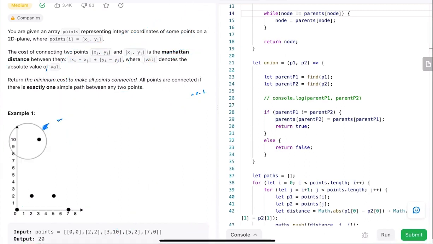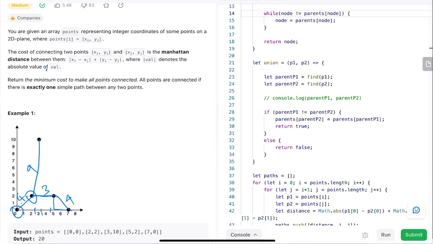Finally, for this particular case, the graph is going to look like this. The distance between these two is 4, the distance between these two is 9, the distance between these two is 1, 2, 3, and the distance between those two is 4.